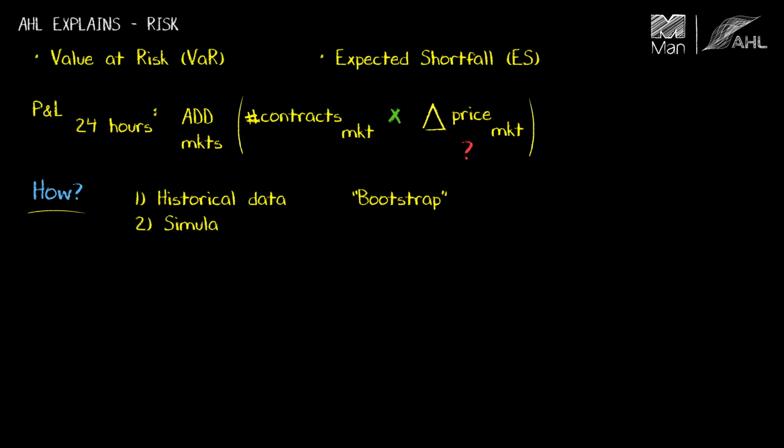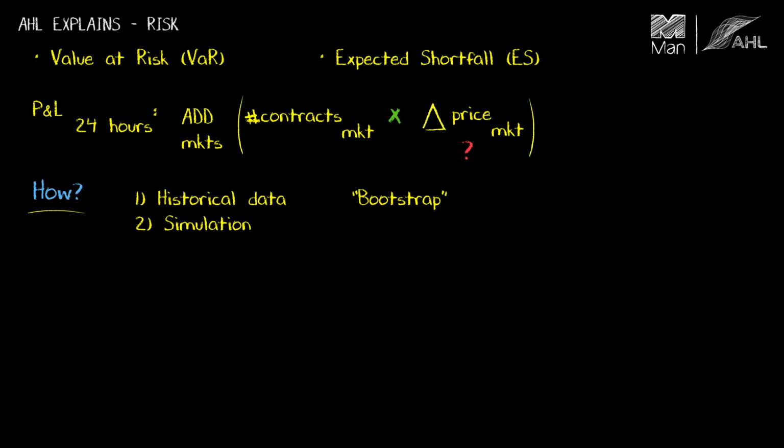The second way we can do this is by simulation. And what I mean by simulation is building a random number generator that has properties such that it generates numerical values that are good representations for the future price movements. Now, this is something that requires detailed mathematical modelling to get right and do well, and that's its primary disadvantage.